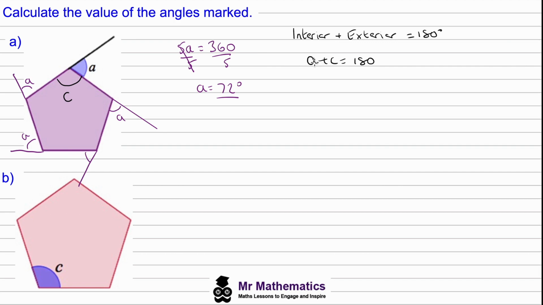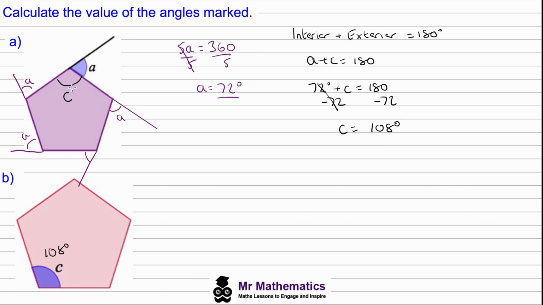We know angle A, we just worked out our 72 degrees, so 72 plus angle C will be 180. We can take 72 away from both sides, and these will cancel. So angle C will be 180 take away 72, or 108 degrees. So this is this angle here, which is the same as this one. Okay.